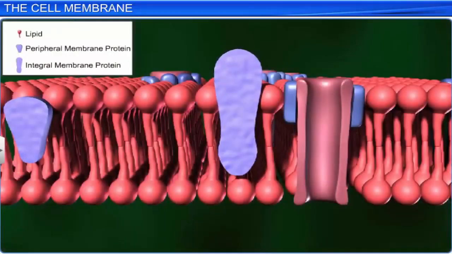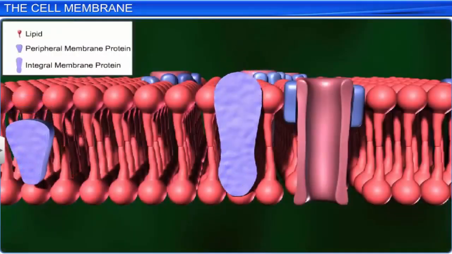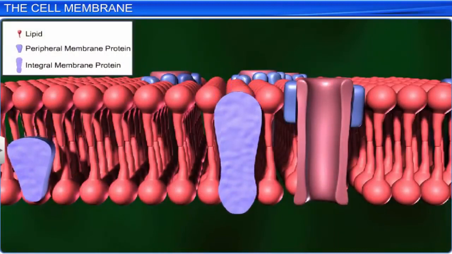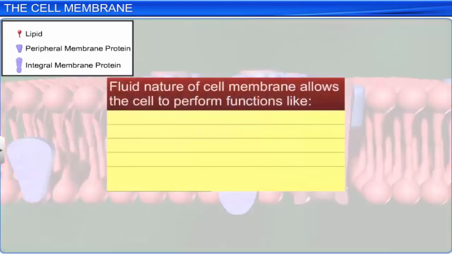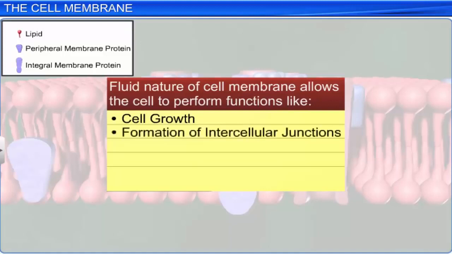This quasi-fluid, almost fluid-like nature allows proteins to move laterally within the bilayer, and this ability of the membrane to allow the movement of molecules within it is referred to as membrane fluidity. The fluid nature of the membrane also allows the cell to perform important functions such as cell growth, the formation of intercellular junctions, secretion, and cell division.